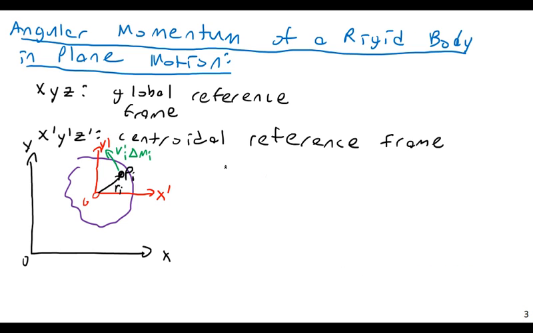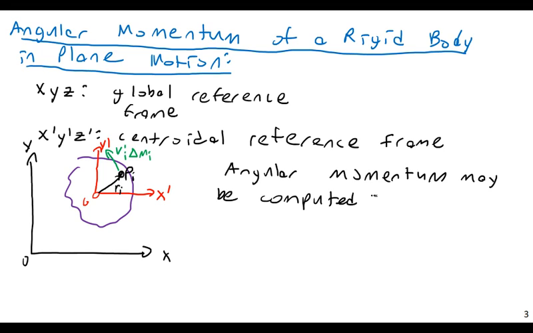And so if I wanted to look at this in terms of summations, the angular momentum of the slab may be computed by this. H G, the angular momentum about the centroid, or about the center of gravity, is going to be the summation i equals 1 to n for however many particles you had.